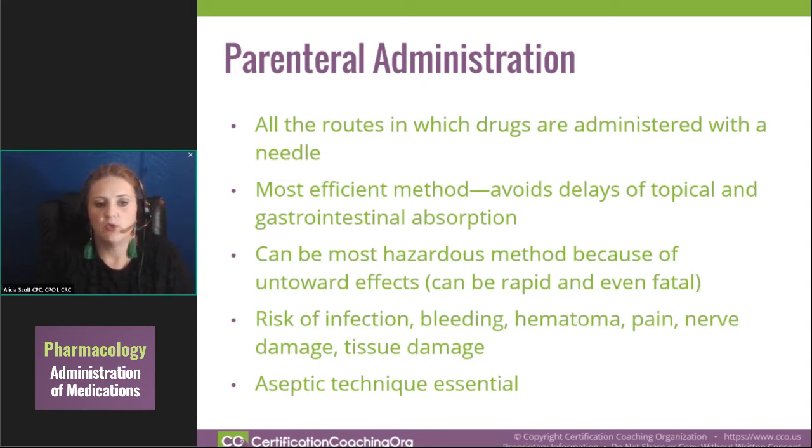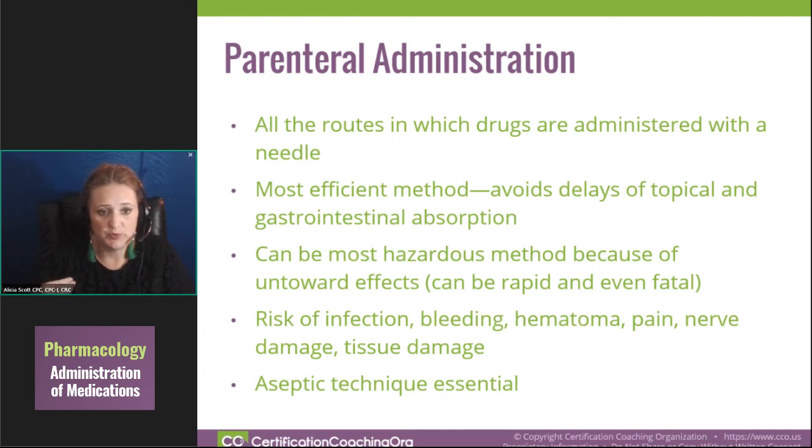When we are doing this type of administration, it's always done with a needle, whether it be intravenously or intramuscular. It doesn't matter. It will be given with a needle. It is usually the fastest absorbing because when you put something topically on the skin, it has to absorb in the skin to get into the system.